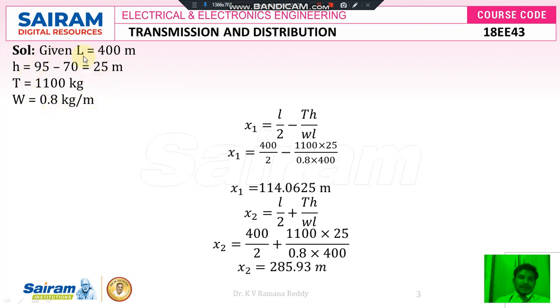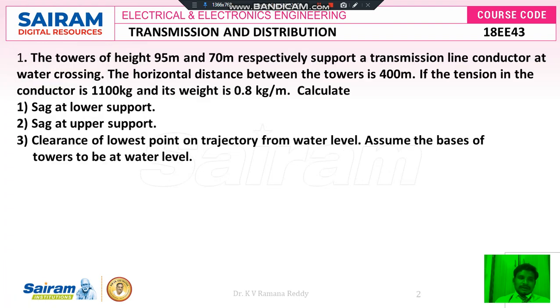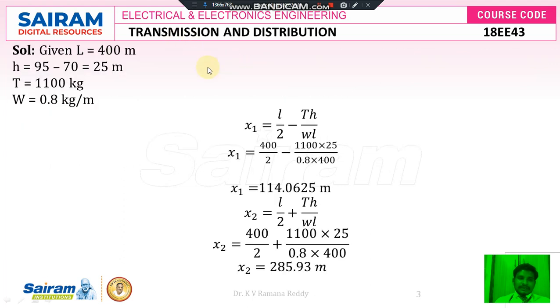So the length of span between the two towers L is 400 meters, tower A height is 95 meters and tower B height is 70 meters. Then the difference of these two towers' height, that is H, is 95 minus 70, which becomes 25 meters.